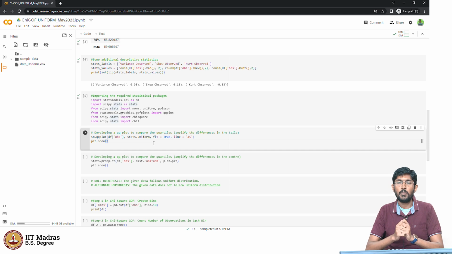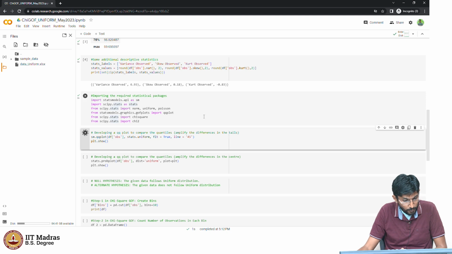The quantile plot checks whether the observed distribution and the theorized distribution are matching in their tail portions, right?